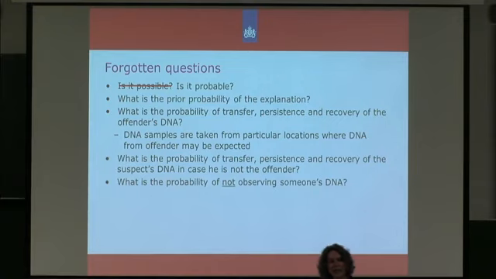And for DNA, we have two situations. What's the probability of transfer, persistence, and recovery of the offender's DNA? So here it's very important to realize that if we have this blouse, for example, we do not take samples at random locations. We take samples at a particular place. When, for example, there's a story that somebody touched here, we would sample here.